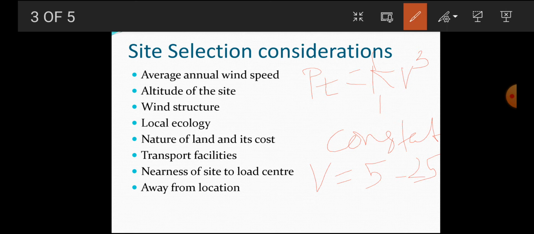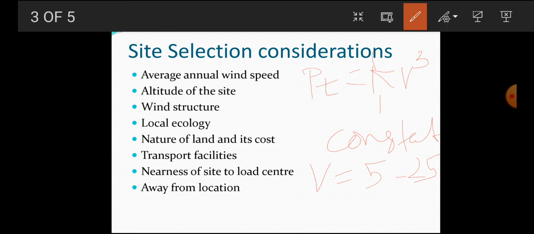Such areas should be selected, flat open areas where wind velocities are very high. So that is the first point.